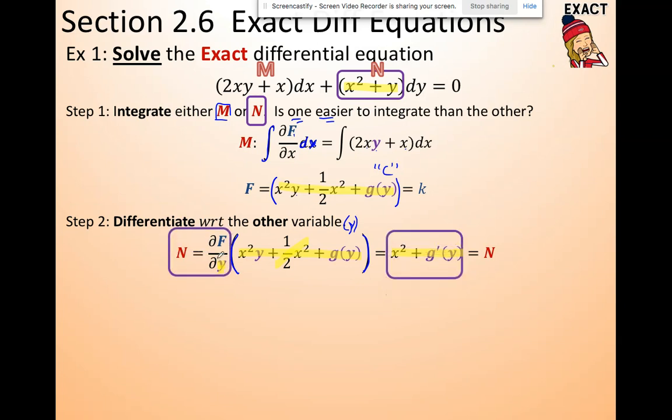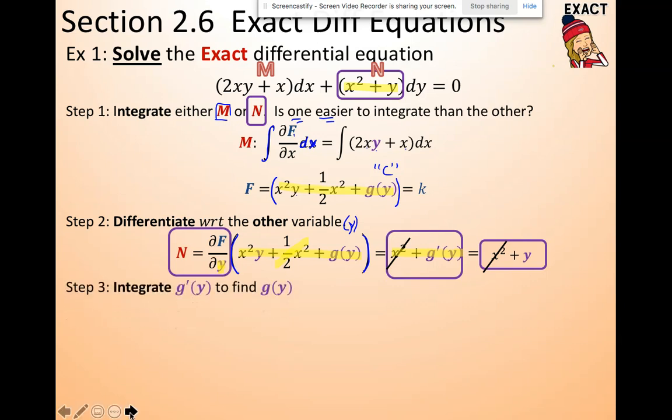N is the partial of f with respect to y. You just figured out that n is equal to x squared plus g prime, but hello, you actually know what n is equal to. It's x squared plus y, because this is an exact differential equation. Canceling will always happen, and look at what I have left. G prime of y is equal to y.